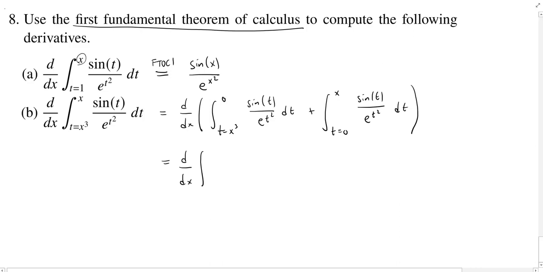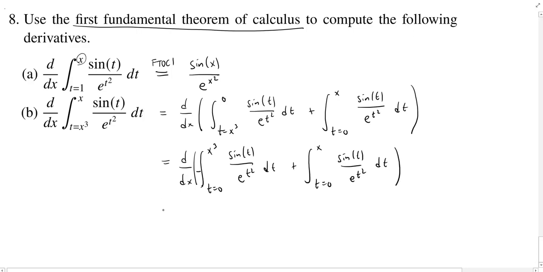If we put a negative sign in front of our integral, it allows us to switch the order of integration. So we can go from 0 to x cubed. Okay, so now both of these integrals are set up for using the fundamental theorem of calculus.